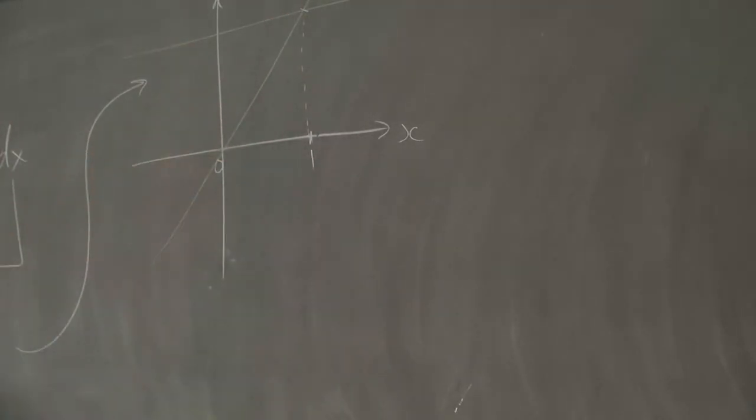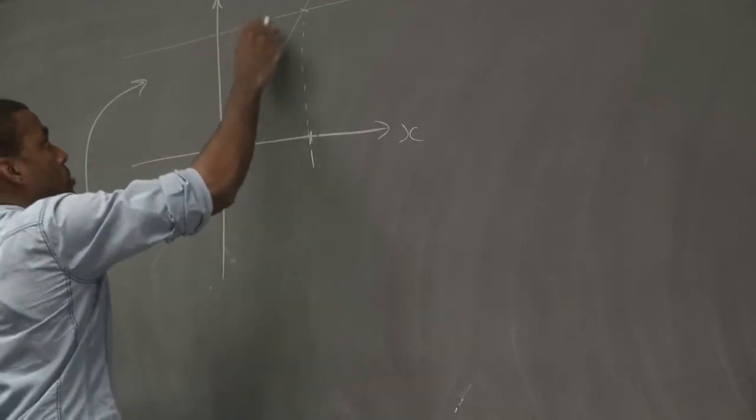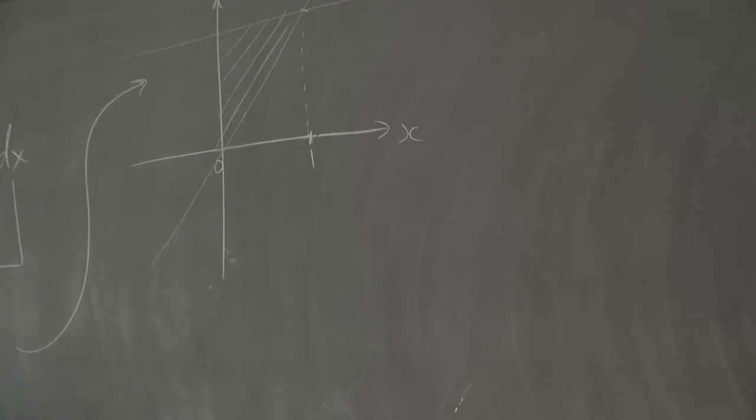But which one of these two regions do I care about? Can you shade the region that I'm integrating over? The top triangle. Yep. How do you know it's the top triangle?